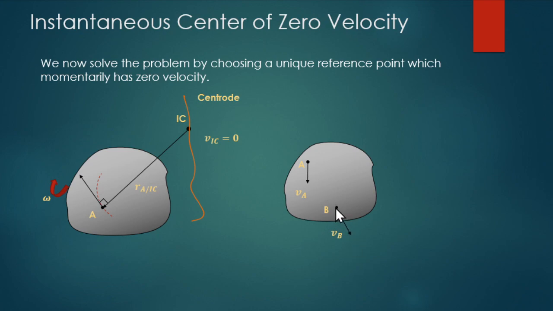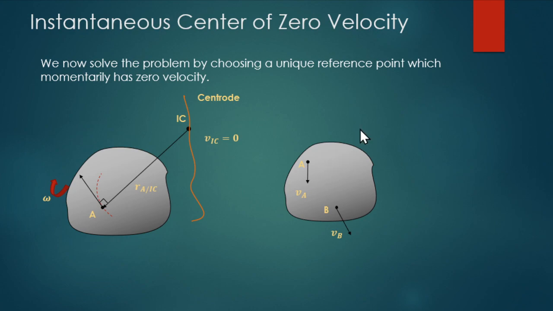So we can say that the magnitude of velocity for each of the arbitrary points, point A and B on the body, can be determined by using the equation v equals omega r, where r is the radial distance from the IC to each point.